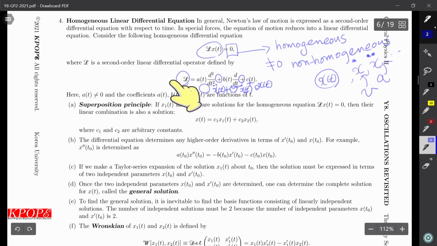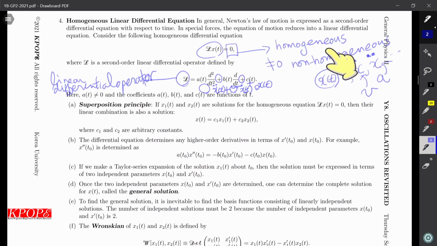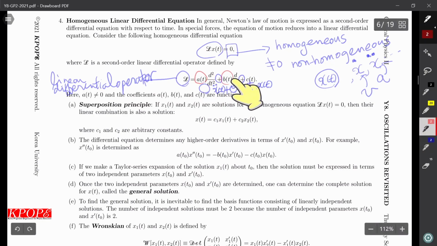So this is a linear differential operator. In this class, we are mostly interested in the case where A, B, and C are all constants.